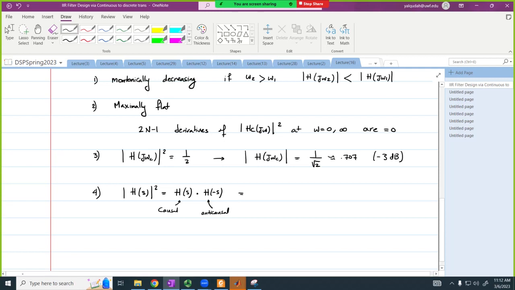Okay. |H(s)|² can be written as 1 over 1 plus (s over jωc) to the power of 2n, which we can also write as 1 over 1 plus (negative s squared over ωc squared) to the power of n.